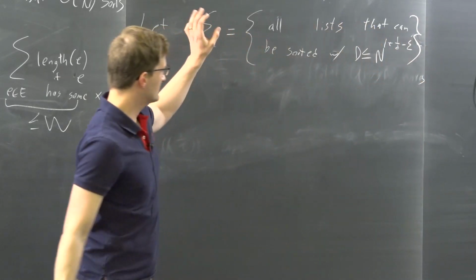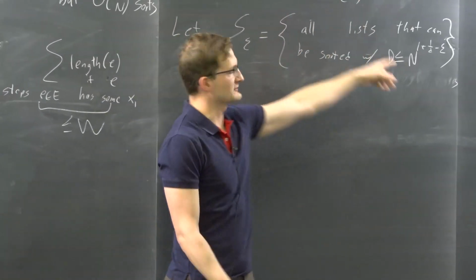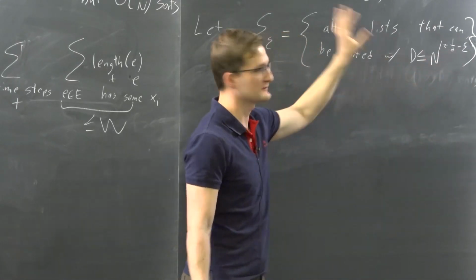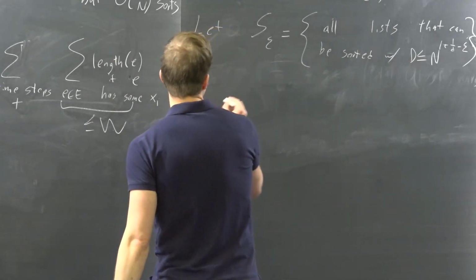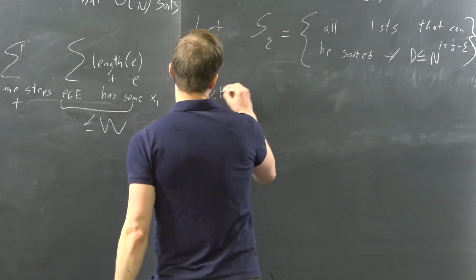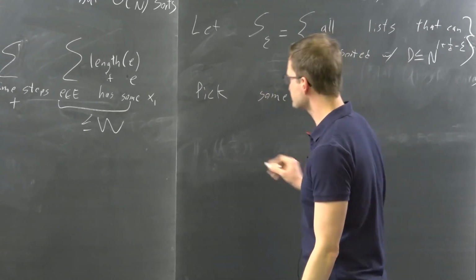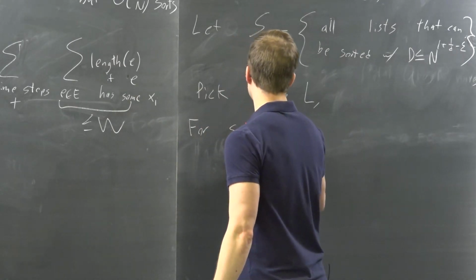So I'm going to make the set of all the lists that can be sorted where this number is actually relatively small. So I've got some epsilon greater than 0, and I'm just saying that they can be sorted in less than that. And what I want to do first is pick some L, and then for S in S epsilon.